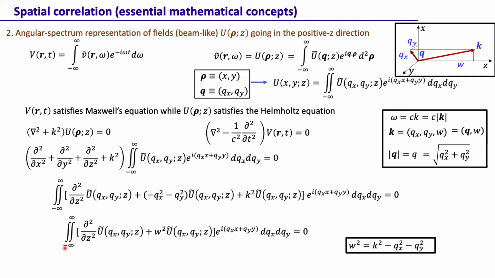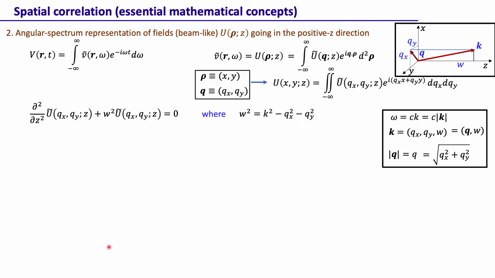Okay, now since this entire integral is 0, the only way it can happen is when this term for every qx and qy is actually 0. So this thing being equal to 0 simply yields that u tilde(qx, qy, z) has to satisfy this differential equation.